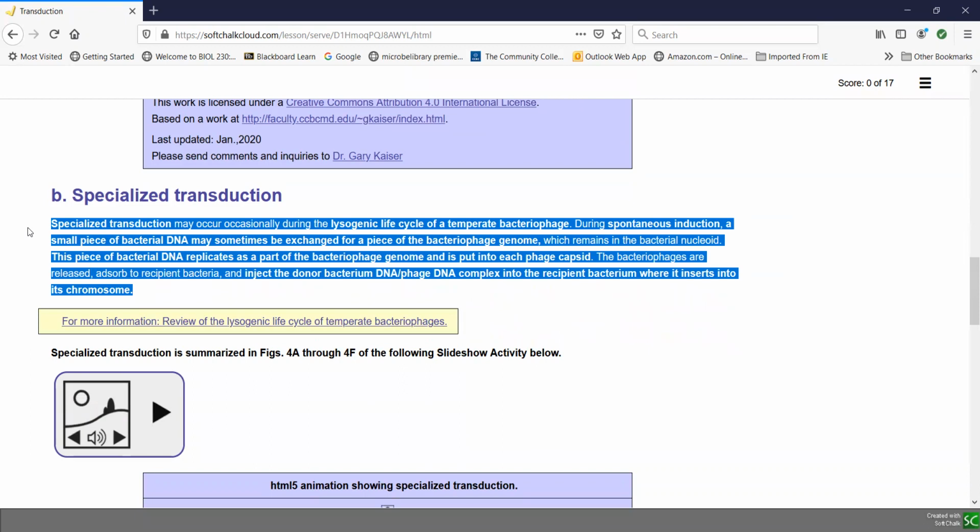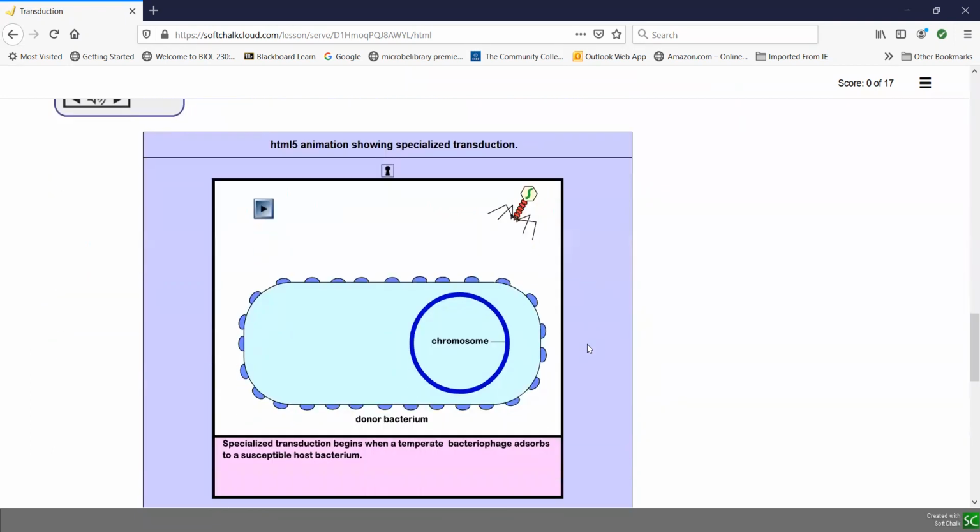And then in this case, every virus is going to carry that little bit of bacterial DNA to another bacterium. And there's our description to answer the objective, and there's the animation where again you can visualize the process and how each virus picks up a little bit of bacterial DNA. And that pretty much will take care of the transduction objective.